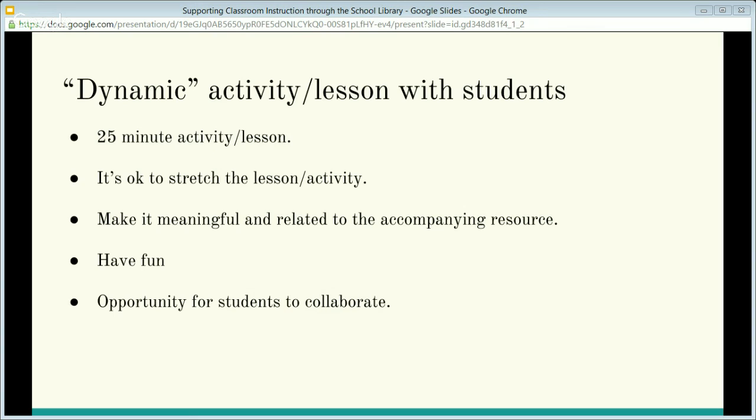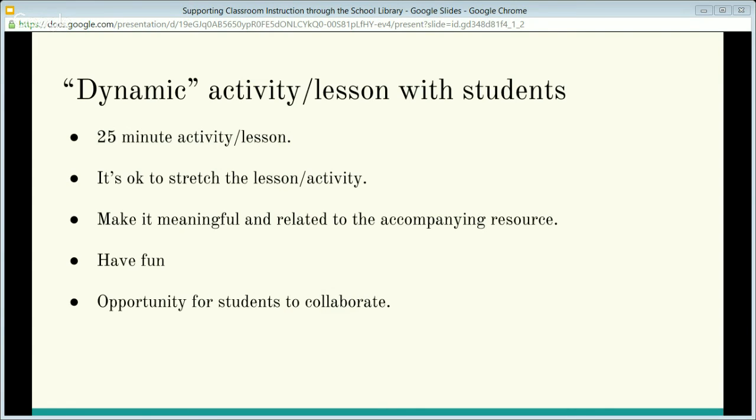And so you are able to stretch your lessons or activities that coincide with what they're doing in the classroom. I think that's an awesome thing. And the kids look forward to it when you do dynamic activities or lessons that engage the students. They are looking forward to coming back to the library next week.